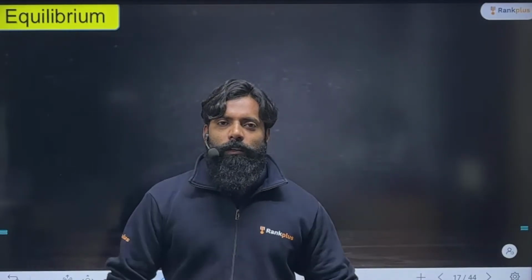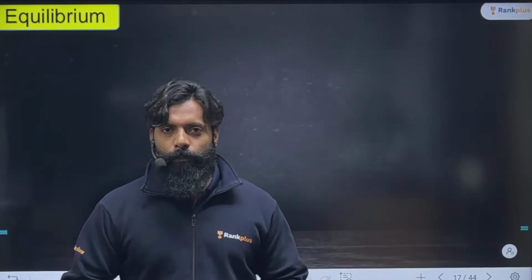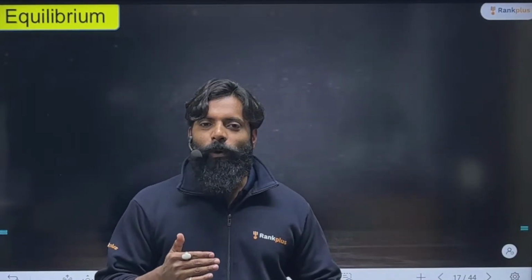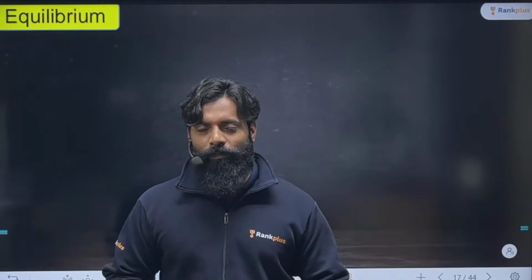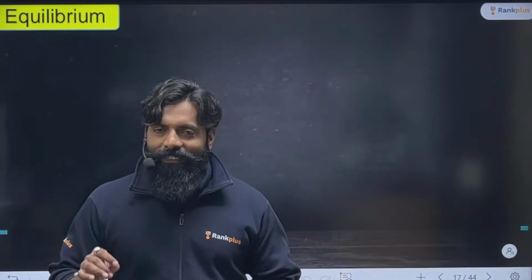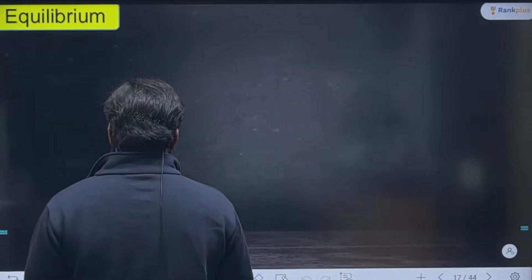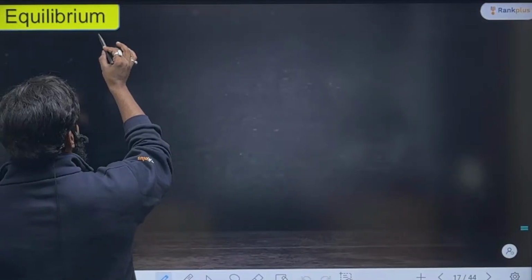You know what? In life, equilibrium is very, very important. What is equilibrium? Equilibrium means that you are not going forward, you are not going backward. Now, once we are done with the torque part, I can define a pretty effective way to get the equilibrium in physics.